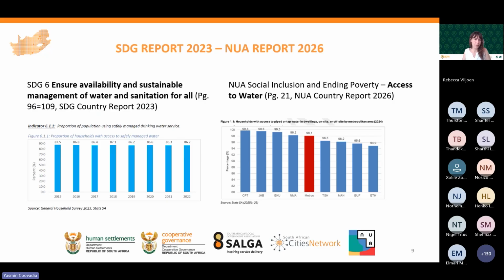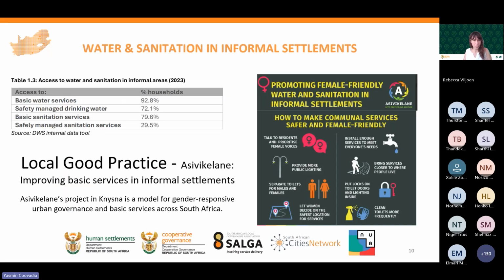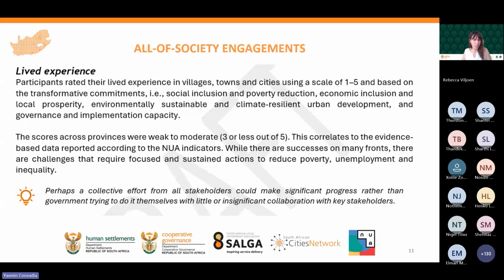We can talk about how many people have water, but do they have water every day? Do they have many interruptions? Those kinds of nuances need to come through the report in a way. And in us doing the report this year, which will be published by the United Nations next year, we try to give all these different perspectives to correlate with the evidence that comes from the hardcore data.